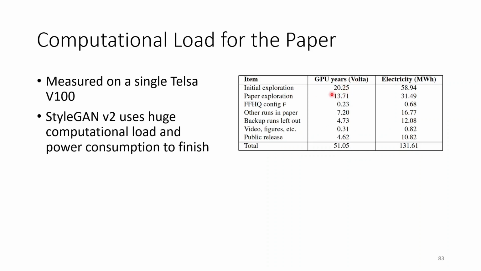They tried a lot of images, then wanted to write a paper to show their result. And finally, they needed to create some videos to demo the advantage of StyleGAN V2. So overall, they used 51 GPU years to finish the project.